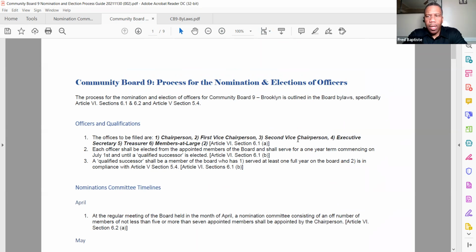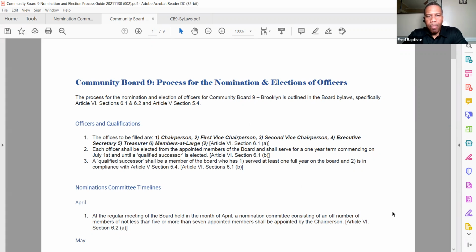So this document is actually broken into 3 pieces. The first one is the process for the nomination and election of officers. What this piece tries to do is outline specifically the process that is prescribed by our bylaws. So you'll see that the process of the nomination and election of officers is in the bylaws, specifically in Article 6, Section 6.1 and 6.2.